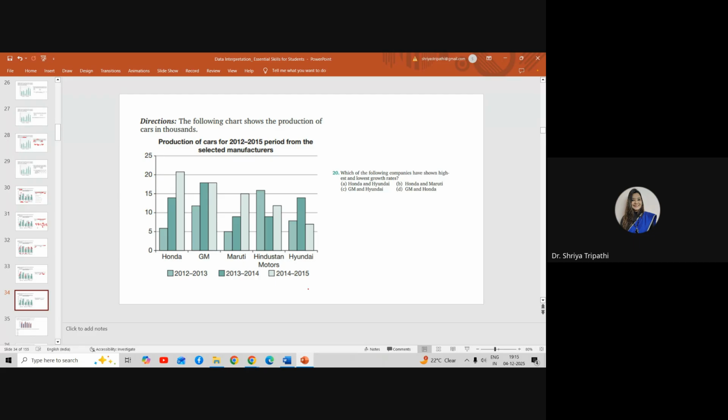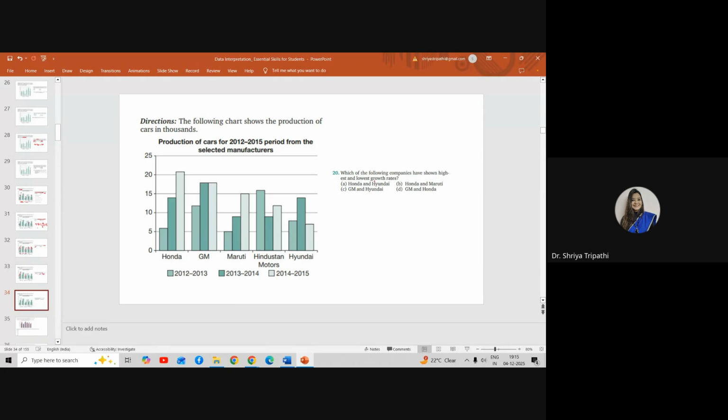Okay, C is an answer coming in. A and C we are having as an answer. Please focus on both.